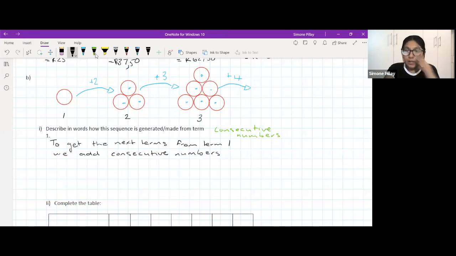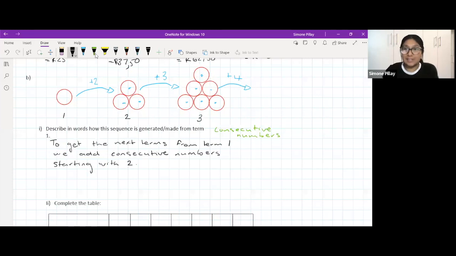Consecutive numbers can be 20, 21, 22. So I have to give a starting point for my consecutive numbers. So we add consecutive numbers, but we are starting with, what are we starting with? We are starting with 2.